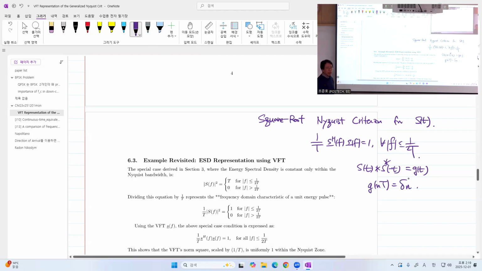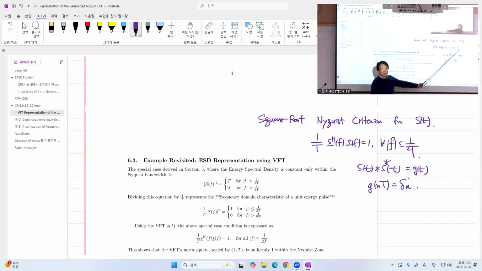Got it? So this is the vectorized Fourier transform representation of the square root Nyquist criterion, precisely speaking.